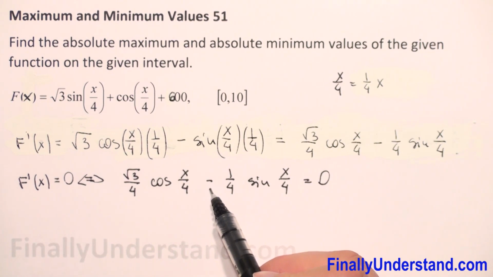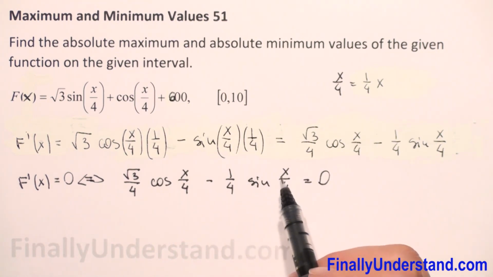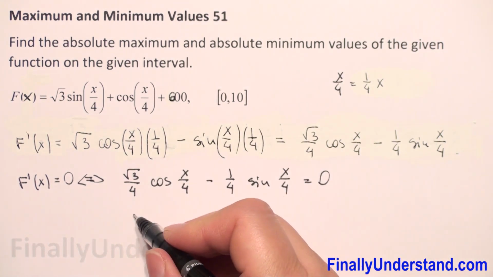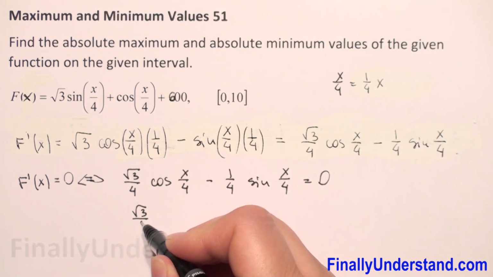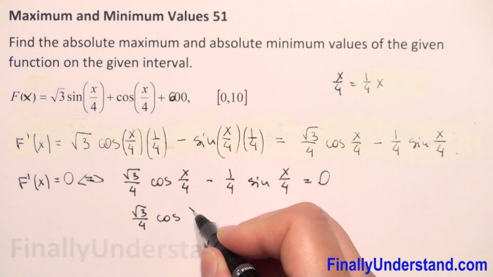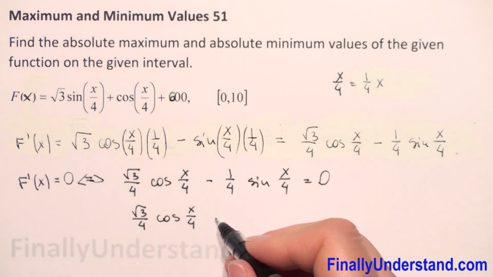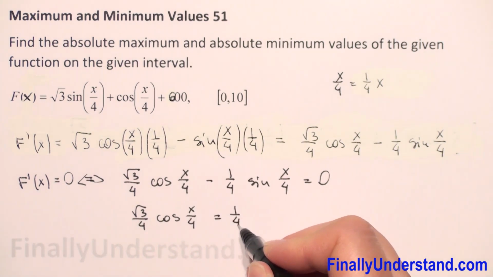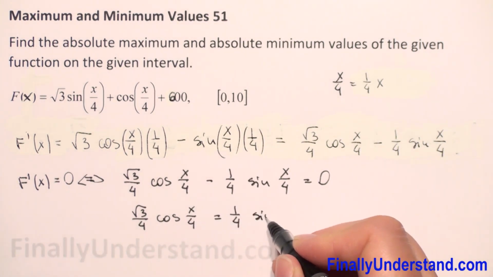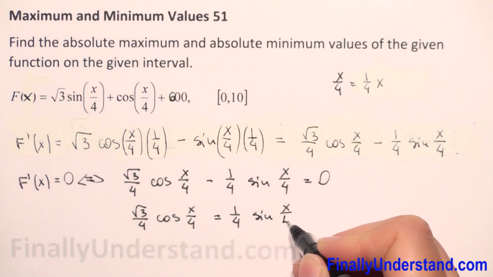First, I will move negative 1 over 4 sine x over 4 to the right side, so I will have square root of 3 over 4 cosine x over 4 equal to 1 over 4 sine x over 4.